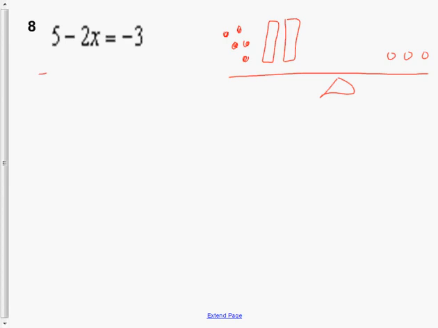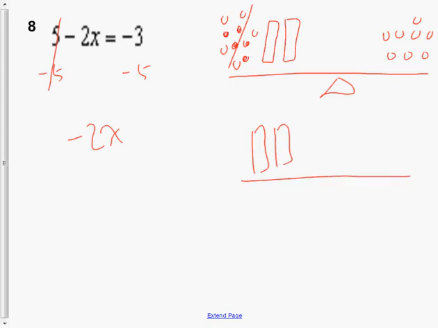So the first thing I'm going to do is subtract 5 from both sides. That gets rid of it. Now notice when I subtract 5 from both sides, that's a 0 pair. But what I'm left with is not +2x. It's still -2x. That did not change. And over here, this became -8. So I have -2x equals -8.